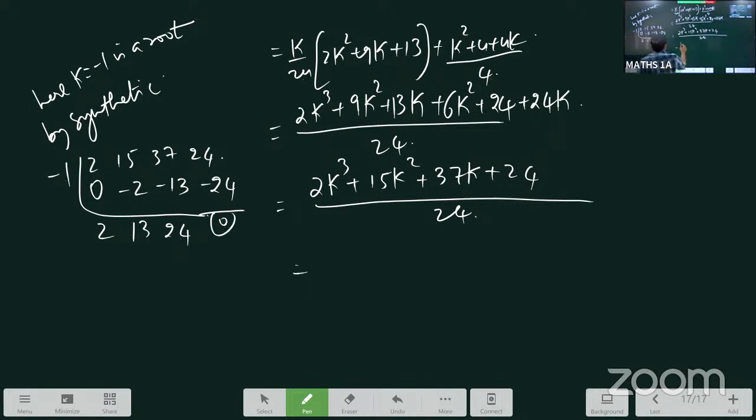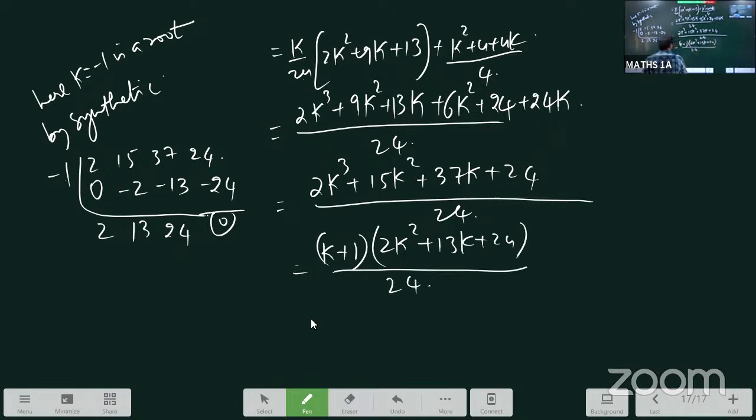Right. Now, k equal to -1 means k plus 1 is a factor, into the second degree coefficients, that is (2k² + 13k + 24)/24. Now (k+1)/24 is okay.